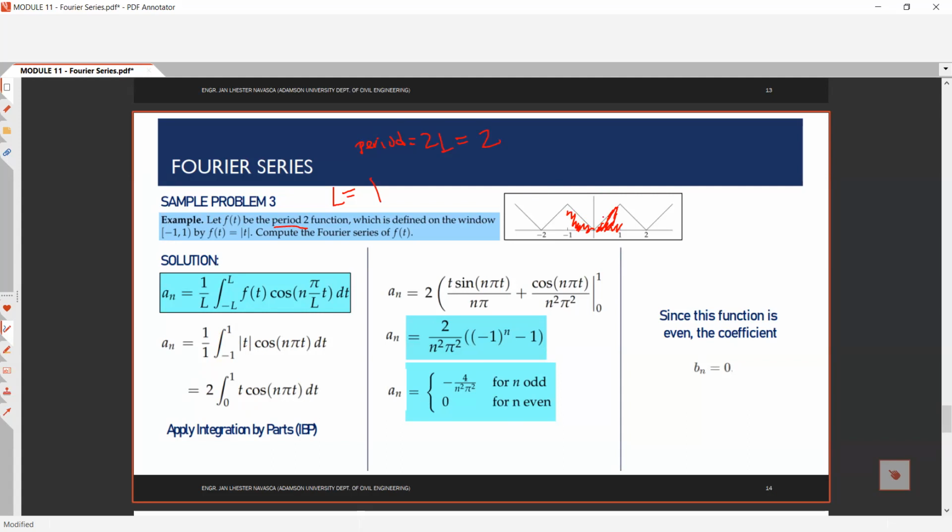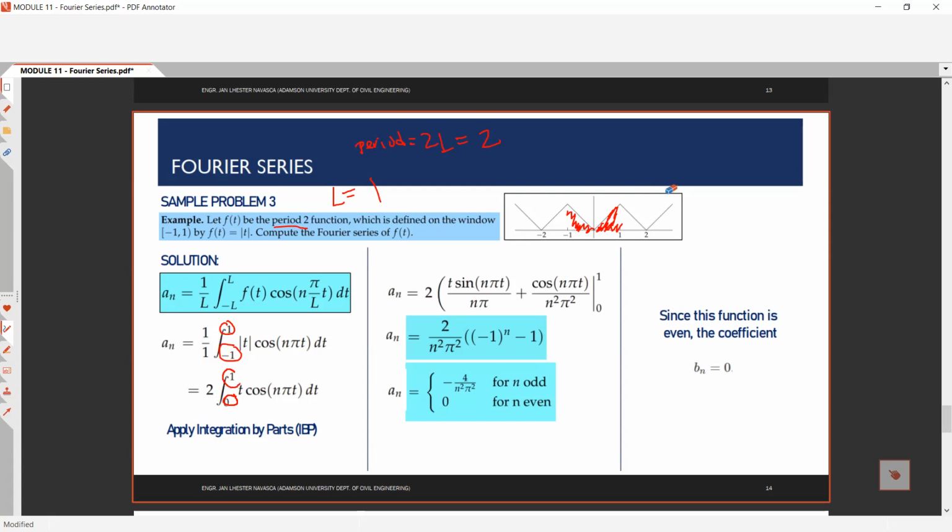If you did not use 0 to 1 in this term, you will arrive at 0, kasi this is a negative area, this one is a positive area.